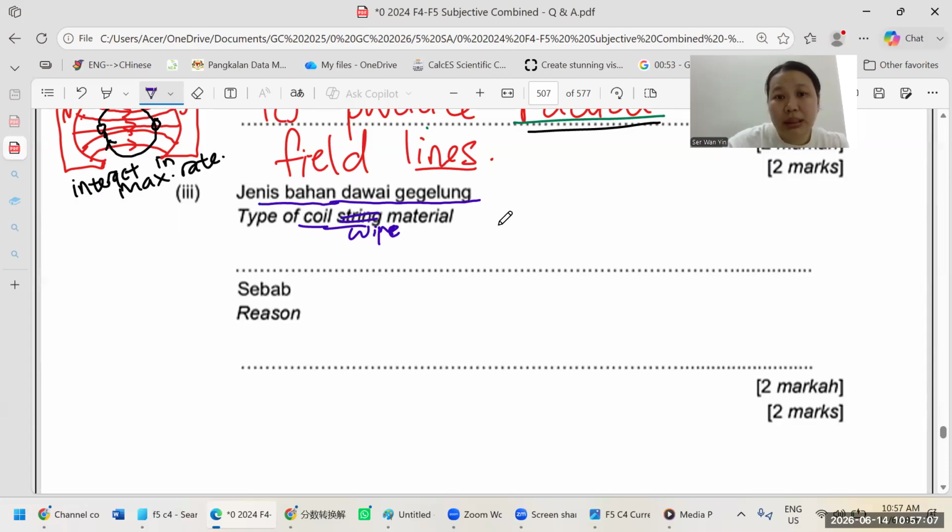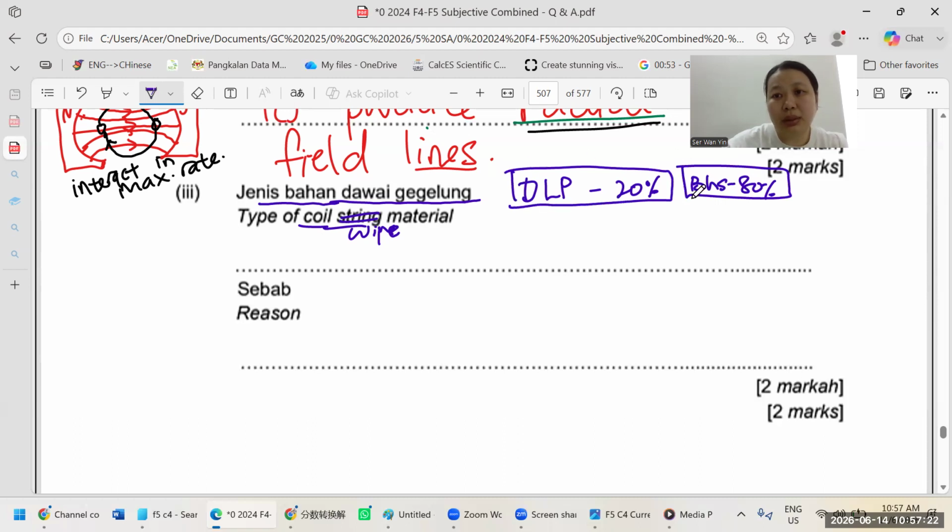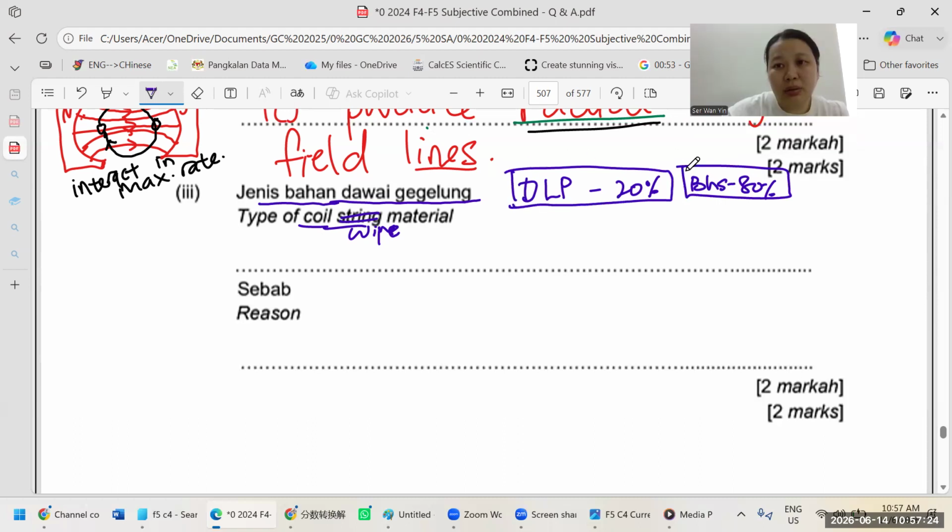Because now the DLP in Malaysia is maybe 20% only, so 80% is in Bahasa. So when they build the question bank, they use Bahasa first, then only translate to DLP. That's why you feel the English is weird. I read back the Bahasa. That's why actually, string can also be wire.